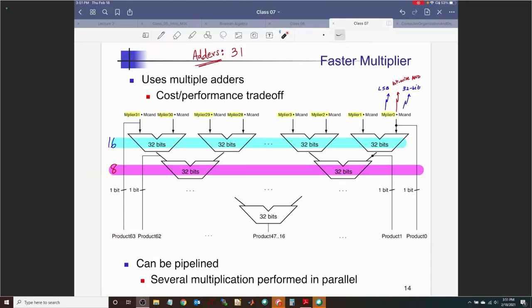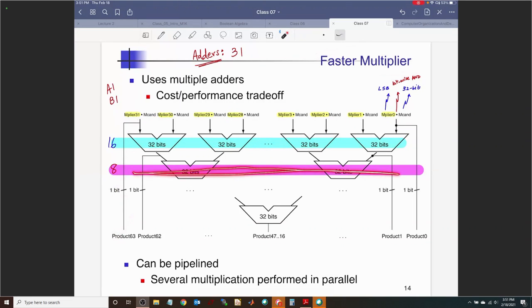I don't know if you guys understood that question, so let me try that again. Suppose I'm trying to add numbers A1 and B1, and those two are 32-bit numbers each, and they have already used this particular level, and they have gone down to this particular level.